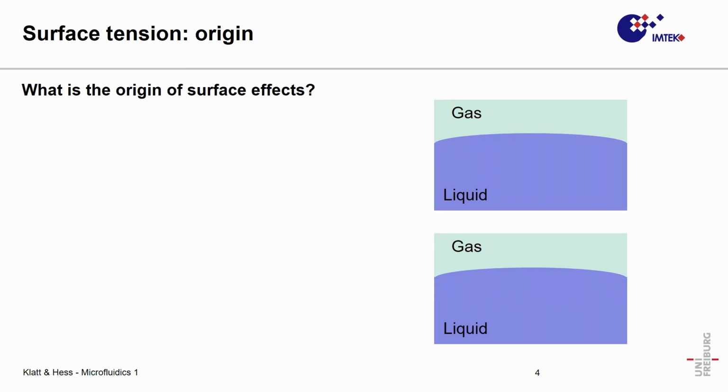So what is surface tension and where does it come from? To understand the origin of surface tension, we have to take a microscopic look at the particles in different liquids.